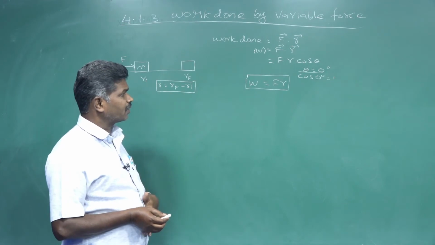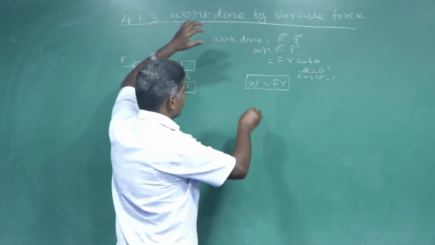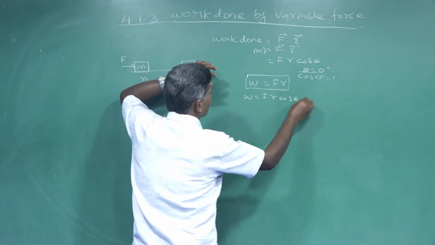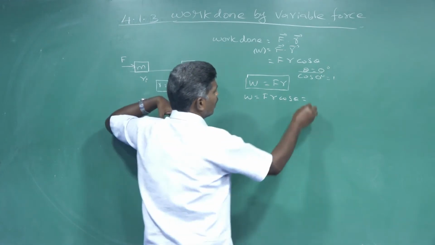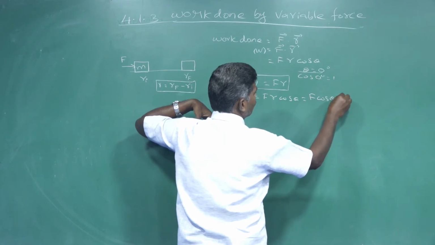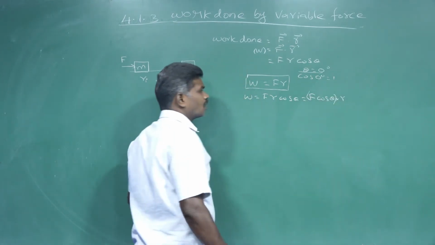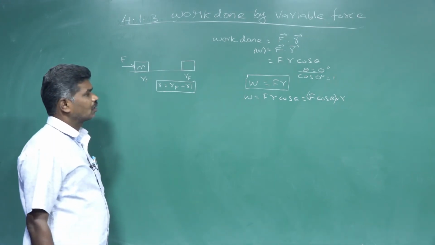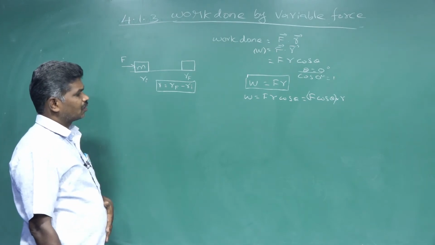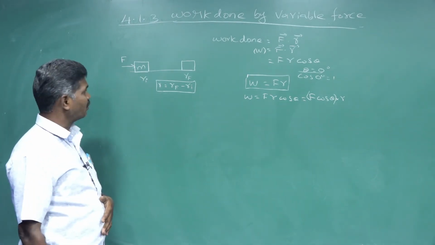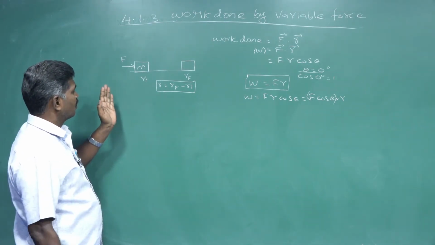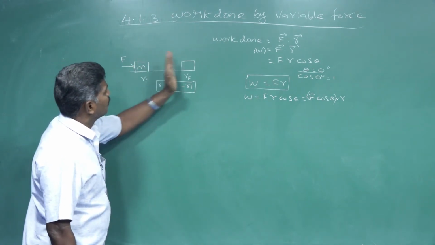For that purpose, this formula W is equal to Fr cos theta is going to be taken as F cos theta into R. Now we are going to once again recall that the work is done by the variable force at the time it makes a displacement from a certain initial position to the final position.